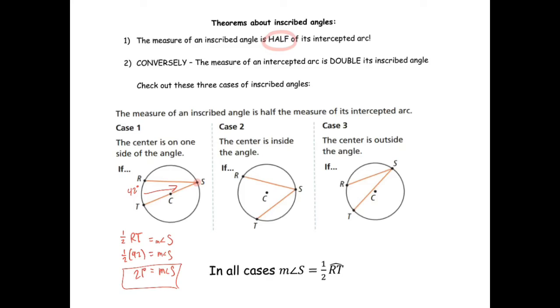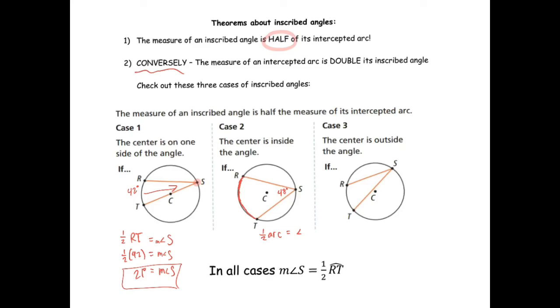Now, sometimes you're going to see the converse. They're going to throw the inscribed angle at you. They're going to say, hey, this inscribed angle is 48 degrees, and then you're going to have to figure out what the intercepted arc is. So you know that half of the arc equals the inscribed angle.